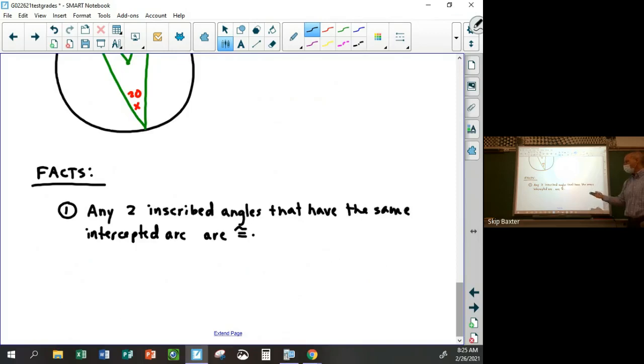Obviously, if an inscribed angle is half its arc, and you have two angles that intercept the same arc, they have to be the same.